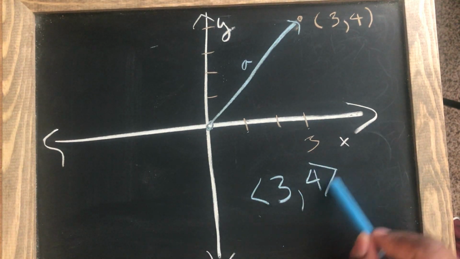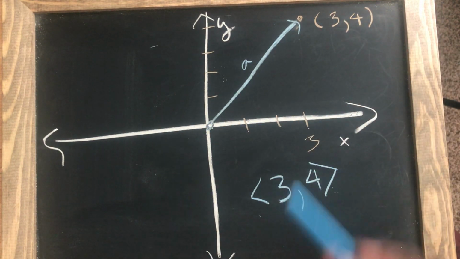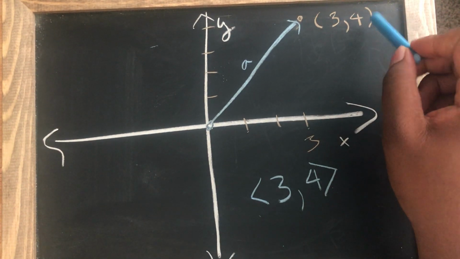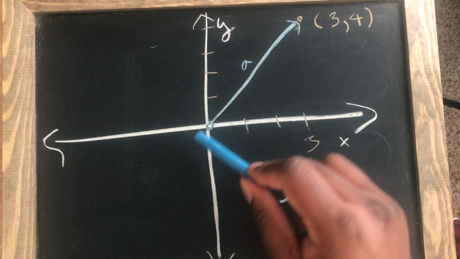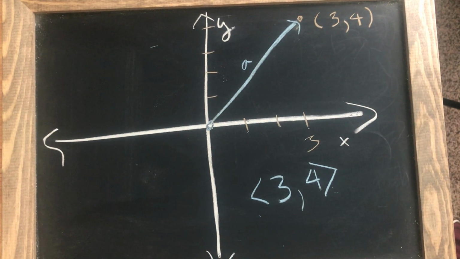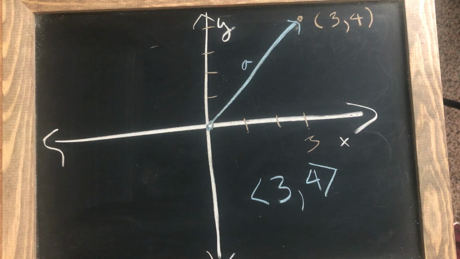We use these angle brackets to denote the vector ⟨3, 4⟩. For the point (3, 4) we use parentheses, right? But the angle brackets are used to denote the vector. Notice the difference. There is definitely a difference. But you can see that ⟨3, 4⟩ is just representative of this vector.